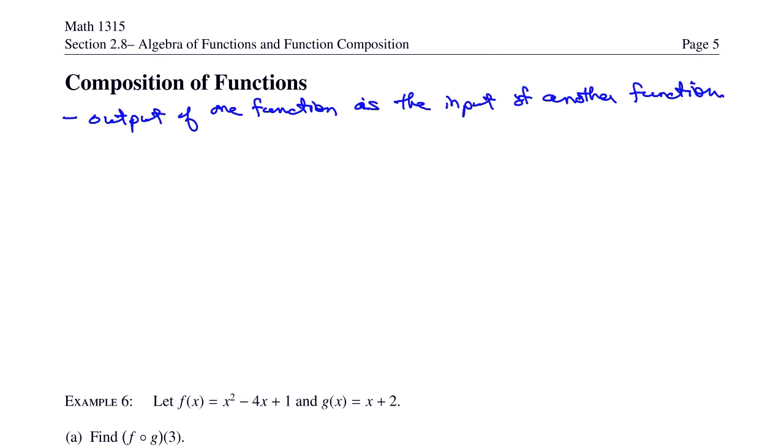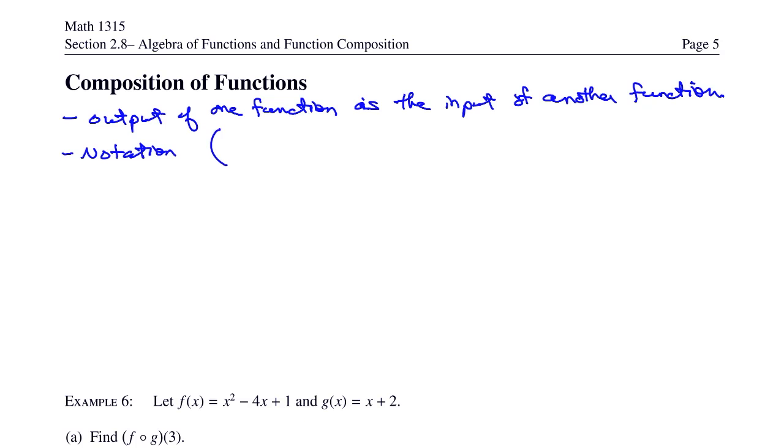So you're going to have 2 functions involved, could be more, we'll just use 2 today. And you take the result of one function and you use that inside as the input for another function. The notation for composition is a little circle.